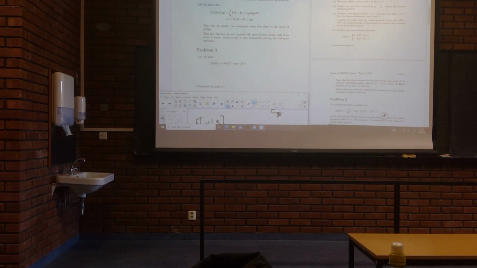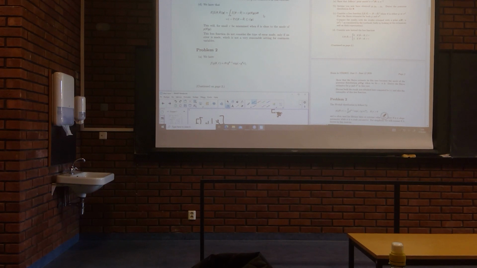Then we see that we only get a contribution outside epsilon. So this would actually be 1 minus the probability that the distance between theta and theta hat is less or equal to epsilon.